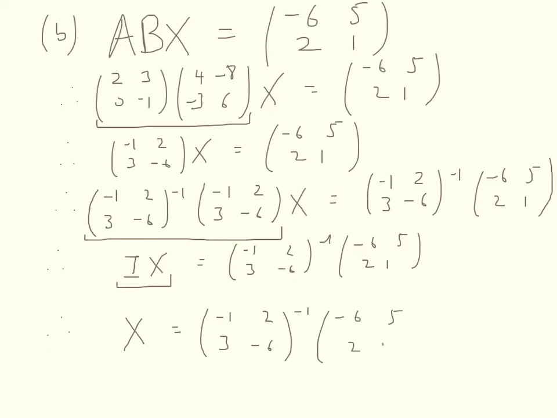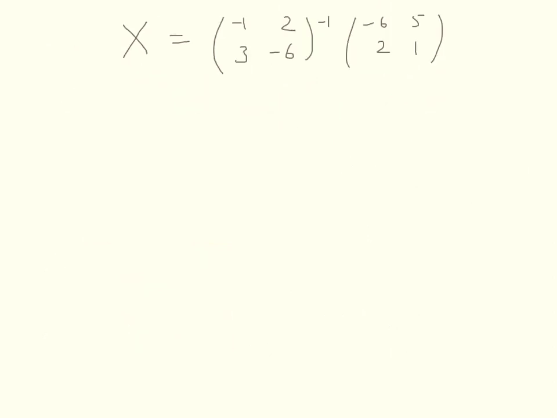So now it's just a question of simplifying that right hand side. Pause the video and do that for yourself. So now we've just got to find that inverse and do the multiplication. So we'll do that. The 1 over the determinant, right, the determinant is 0. If the determinant is 0, the matrix doesn't have an inverse.